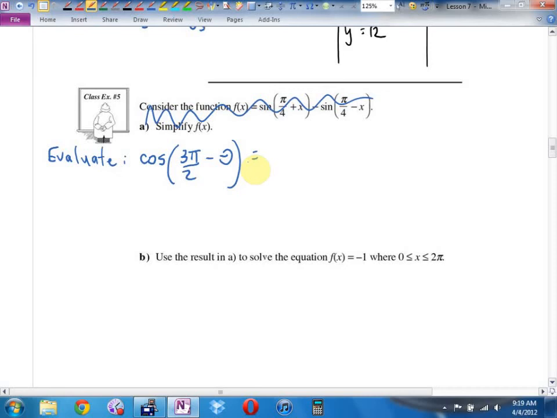Itzel, can you read it to me? Evaluate cosine of what? That's what she said, but that's not what I heard. You know what I heard? Alpha minus beta. See it? Cosine of alpha minus beta is the same as what? Can you substitute it? Yeah.